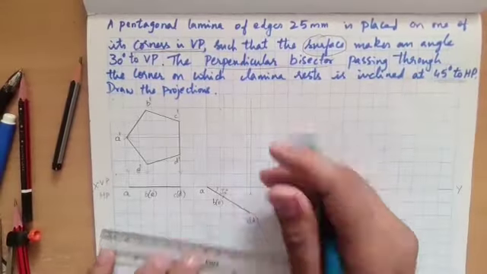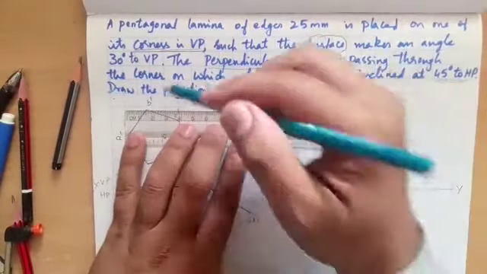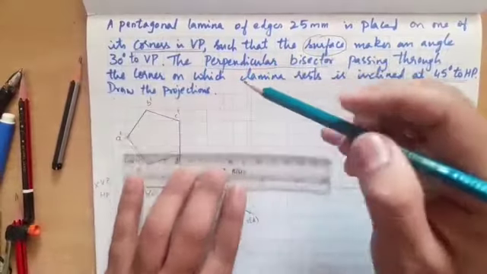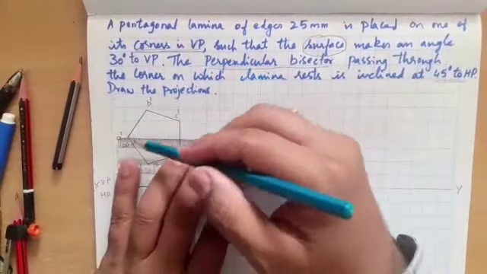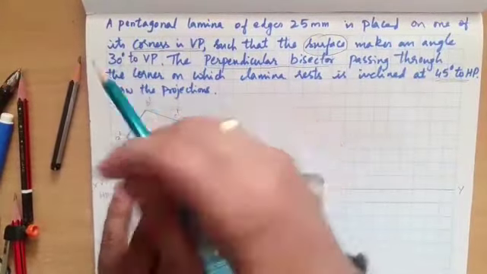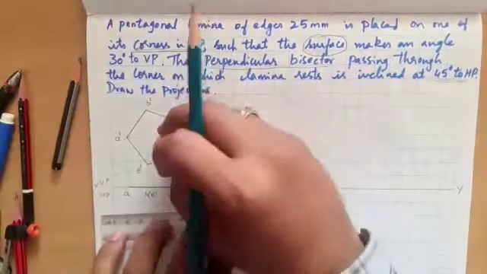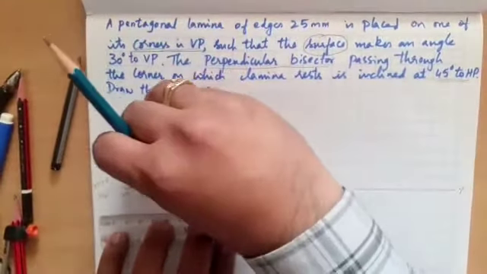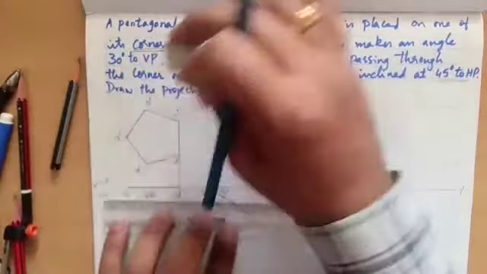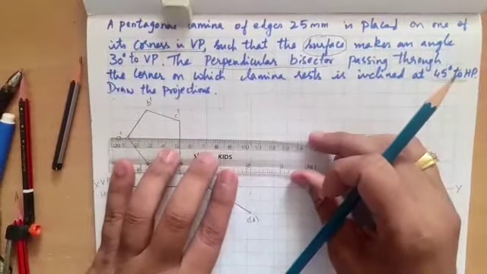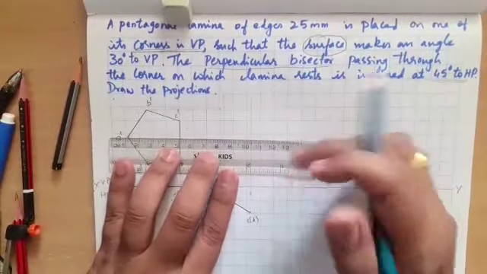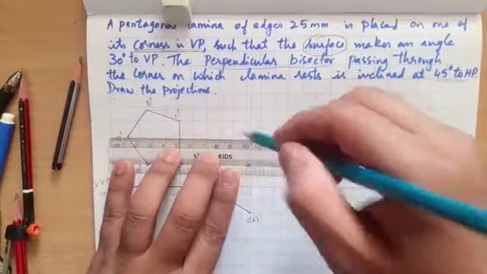From the top view, I have to obtain the second front view. So horizontal lines, let us start from A. From A, I've drawn a line.